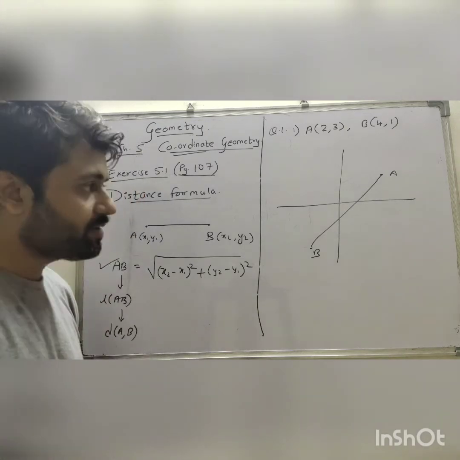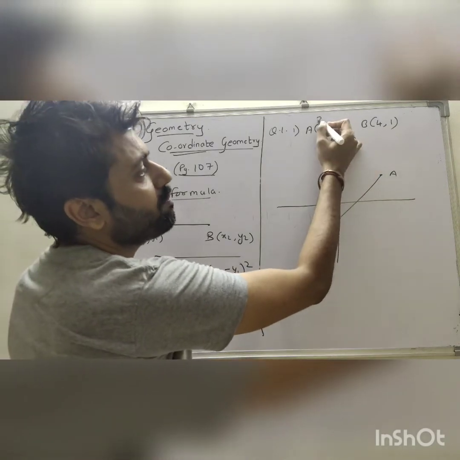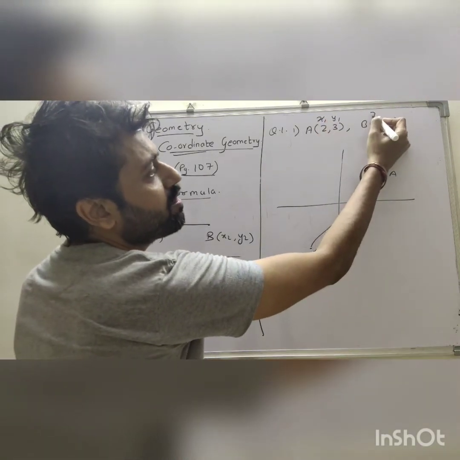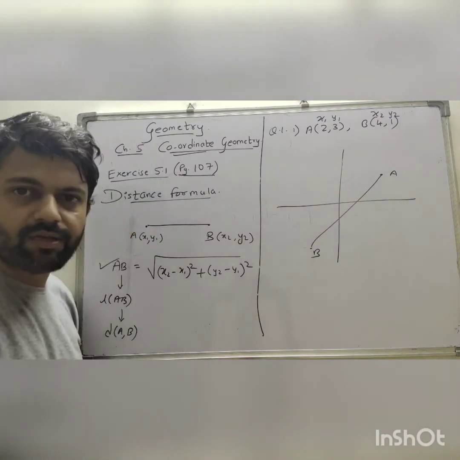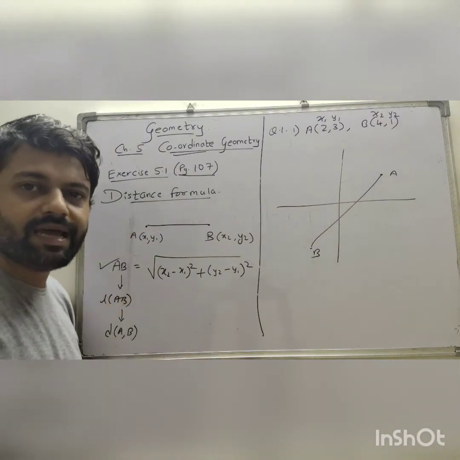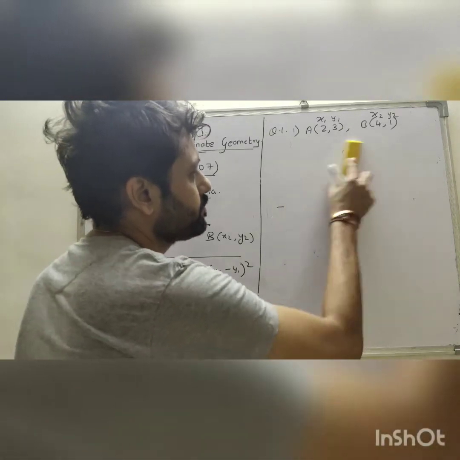So, how to solve it? Well, about these coordinates you have to mention x1, y1, x2, y2. With pencil or pen, whatever you have, you can write x1, y1, x2, y2.